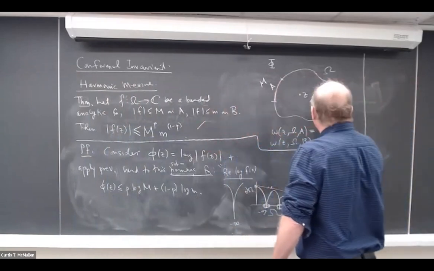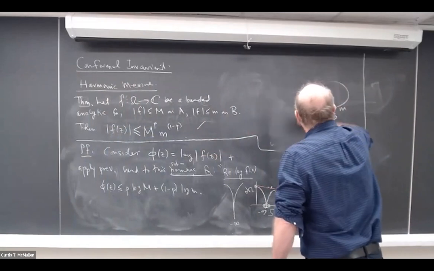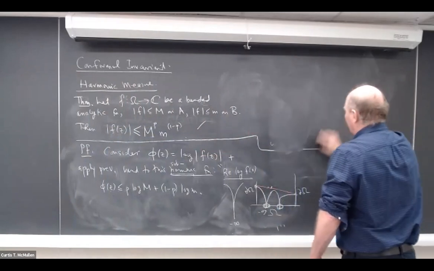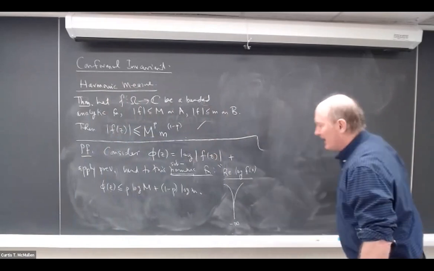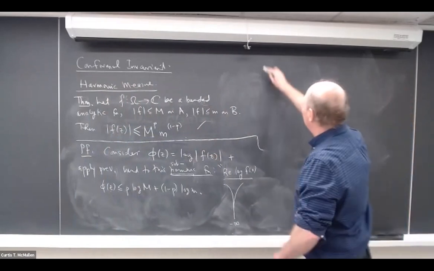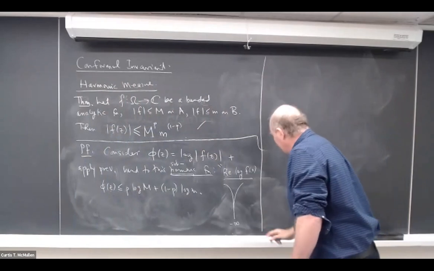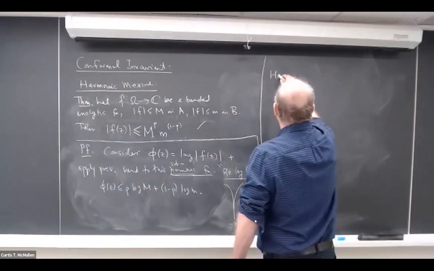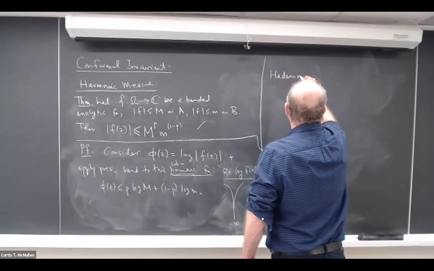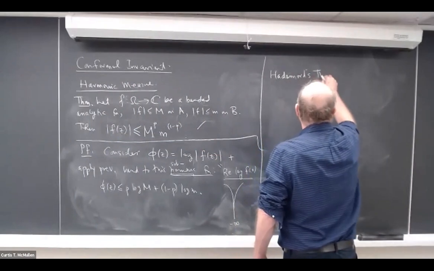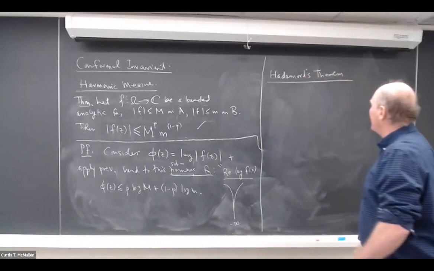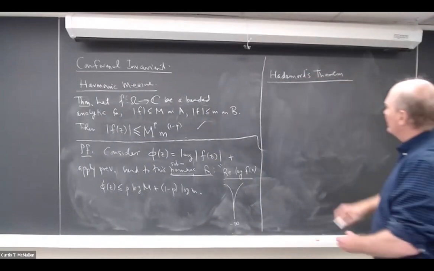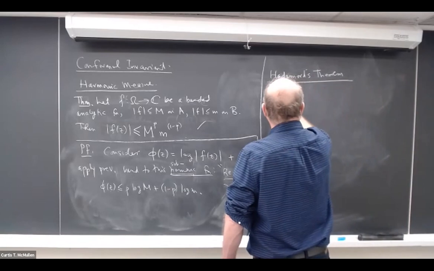And now as an application, where we're going to do it for once for a multiply connected domain, I want to prove Hadamard's three circles theorem. So Hadamard's theorem is traditionally phrased in the following way. We have a function f.